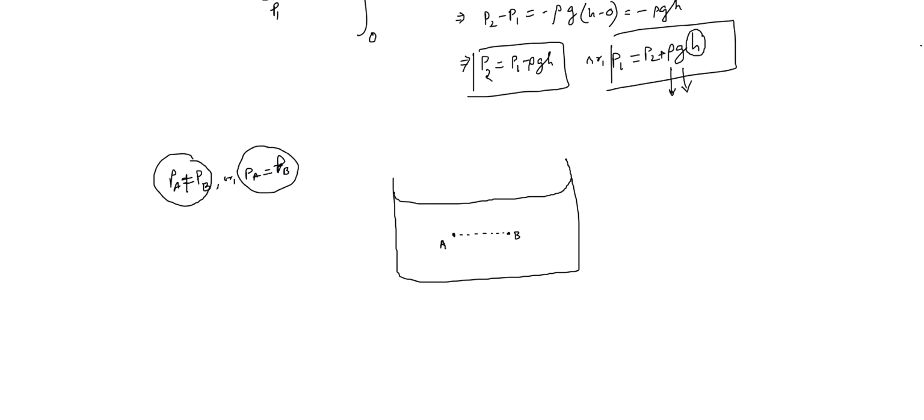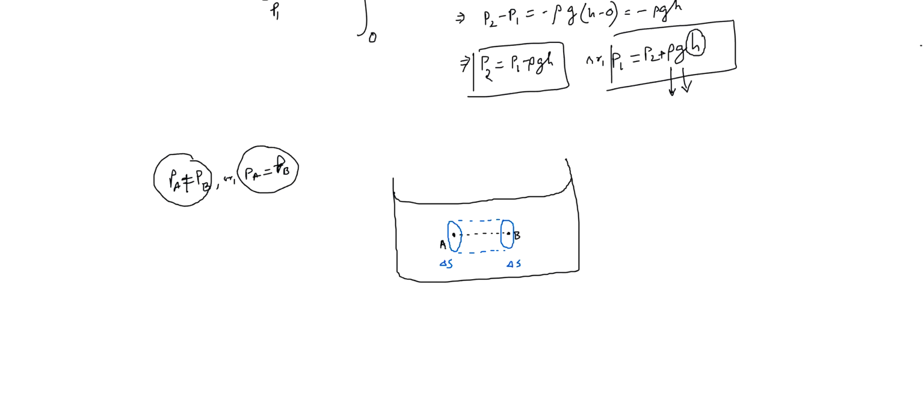Likewise, we shall consider one surface here and another surface here, both of surface area delta S. Then consider the fluid staying inside this volume. So this is also a cylinder, right? What will be the forces acting on it?